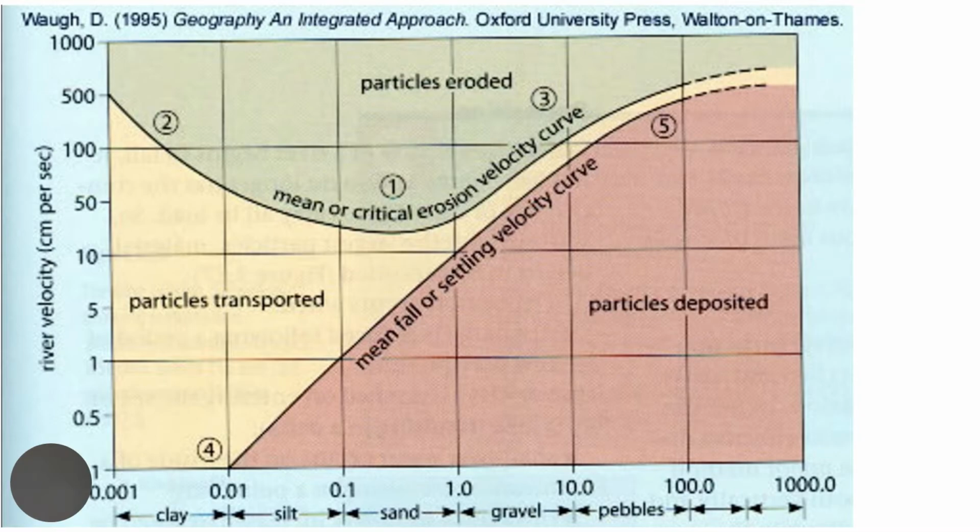The line at the bottom is the mean fall or settling deposition curve and shows the maximum velocity at which a river can be flowing before a particle or sediment of a certain size is deposited. The zone in between the critical erosion curve and the settling velocity curve is the zone of transport.